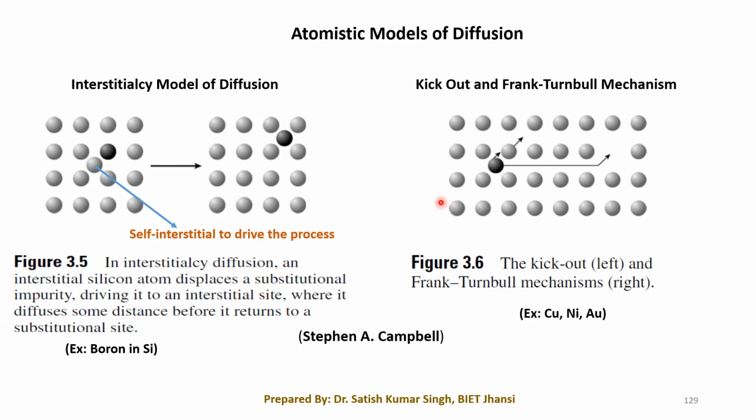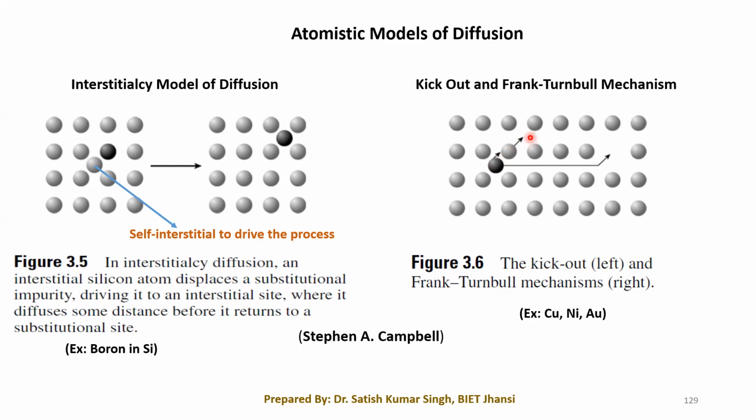Okay, so basically this is the kick out or Frank-Turnbull mechanism. In this, we can have a certain impurity which is initially occupying an interstitial space. When it is moving through the interstitial spaces, there may be a chance that it may kick out a certain host atom, and after kicking out the host atom, it may go to the substitutional site and push this host silicon atom to an interstitial site.